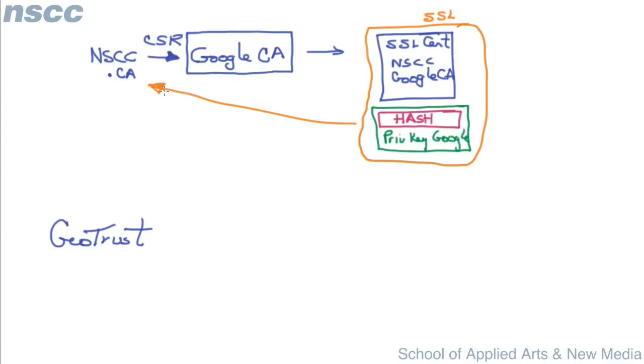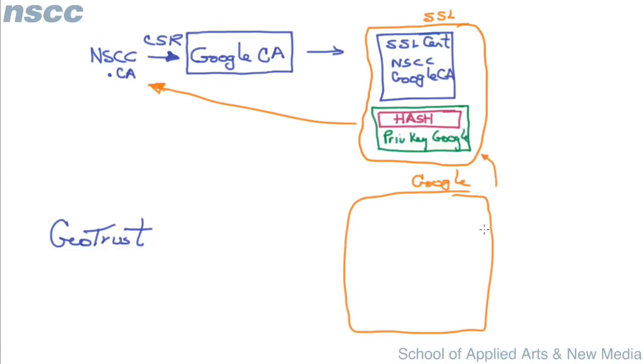But what else is sent back? Because browsers can't validate, the browsers don't have the Google intermediate CA in their store, another certificate is also sent along. And this is a certificate from Google that will allow browsers to validate this certificate.